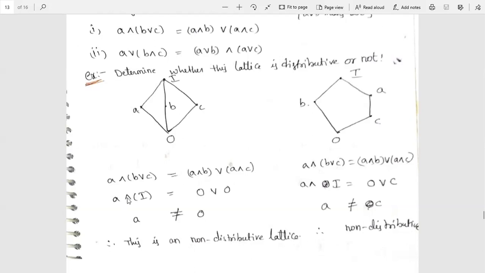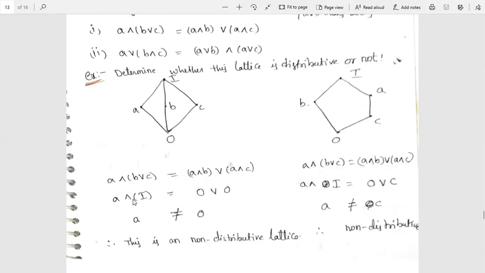B join C is the point I, which is the greatest element. So B join C is equal to I, and then A meet I.